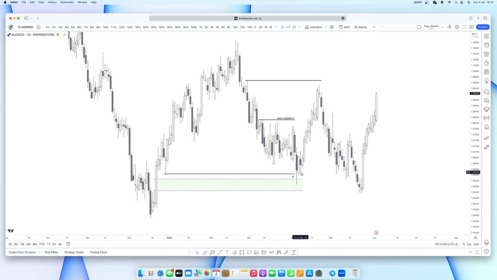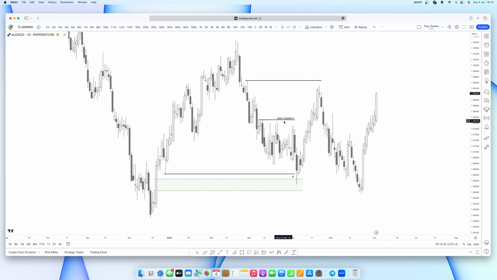I told you guys to be on the lookout for AUD NZD, possible higher pricing because of this liquidity to the upside here. If you remember, in the last video I did, which was understanding trade charts and what to do to determine your entry, stop loss, and take profit, the example I used was on AUD USD.